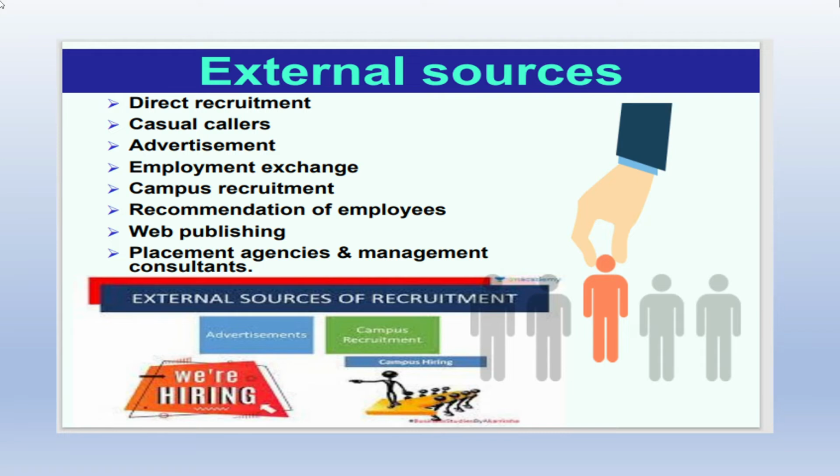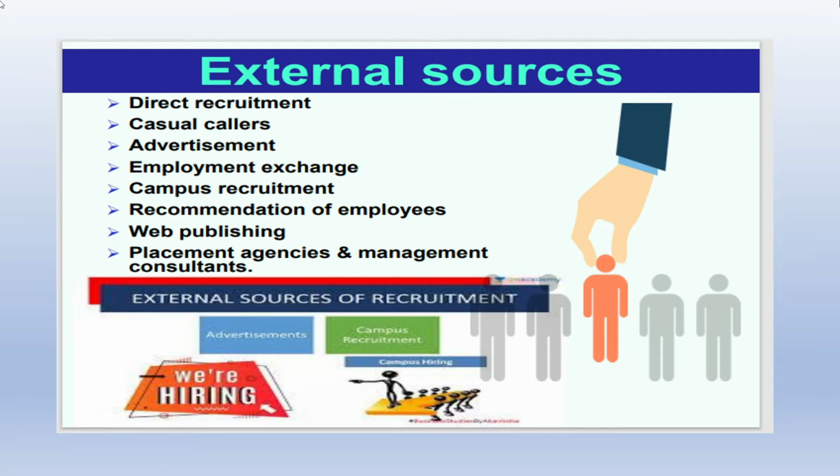The most commonly used external sources are as follows. Let's take up the first one, which is called direct recruitment. Now, what is direct recruitment? It is a process where the personnel department puts the information about the vacant position on the office notice board or factory office gate.